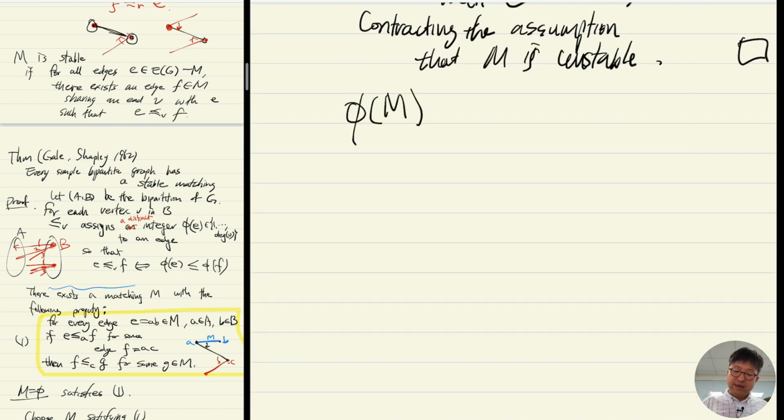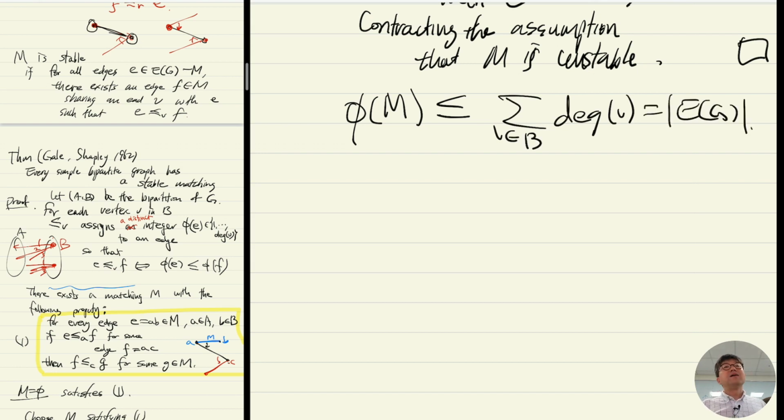Phi of M is always less than or equal to the number of edges, it's a sum of degrees, let's say, which is actually equal to the number of edges, right? So the number of iterations is bounded by the number of edges of the graph, so it can never continue forever. So at some point it has to stop, and that's when we know for sure that the algorithm found the stable matching.